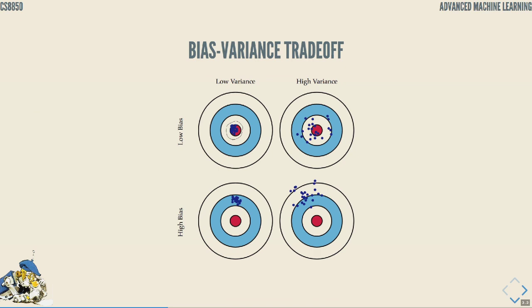And we have low variance. The spread of our shots, of our points, is not too high. Here we have low bias, our center of mass or our mean is somewhere close to the target, but we have higher variance, the spread of these points.